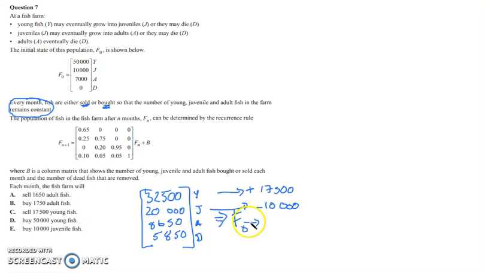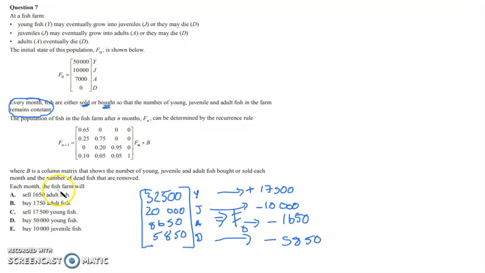For the adults, we would need to subtract 1,650 because it's 8,650 and we need to get to the constant amount of 7,000. And for the deaths, we would need to subtract 5,850 once again to get it to the constant amount of F0.